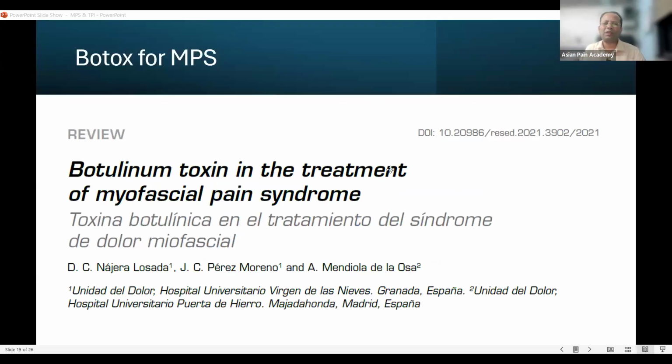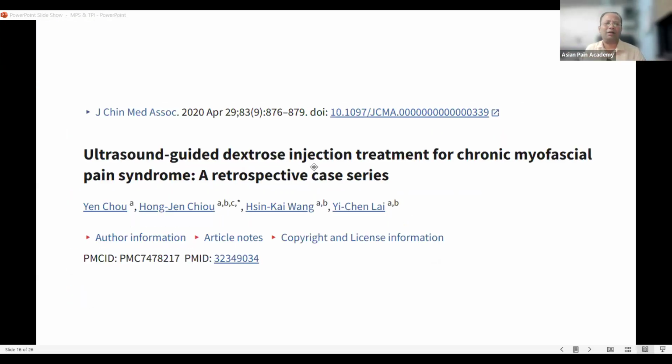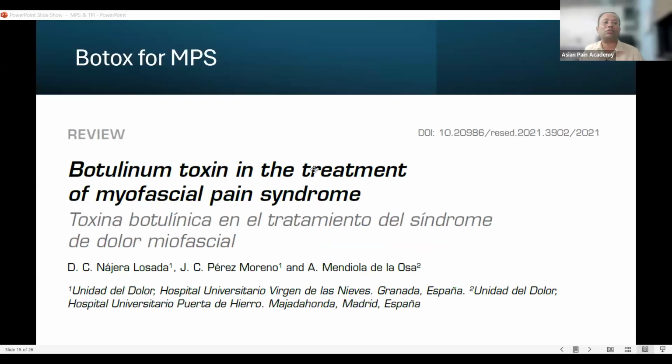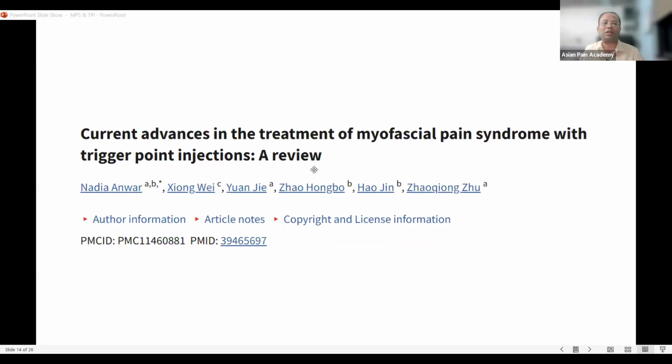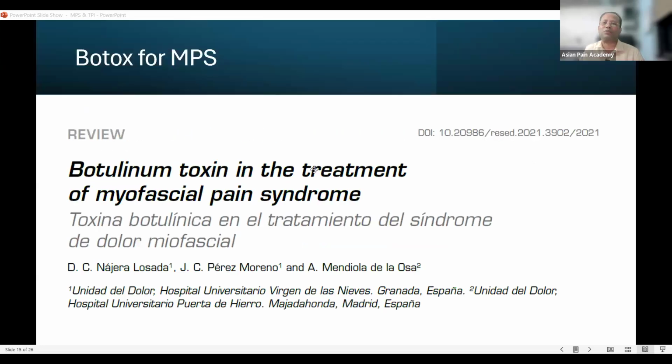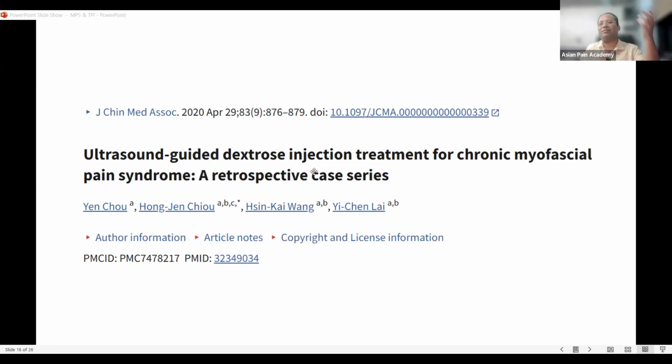So there are multiple treatment modalities in myofascial pain syndrome. Apart from trigger point injection, if that doesn't work, there is botulinum toxin injection, and this is for recalcitrant cases where it is not getting treated. Dextrose injection is used in chronic myofascial pain syndrome.